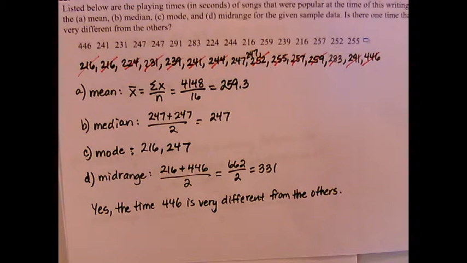Okay. Now there is a name for that when the data value is far away from the other values in that set of data. They're called outliers. Later on we'll talk about what outliers are.